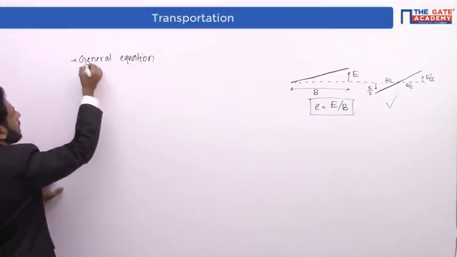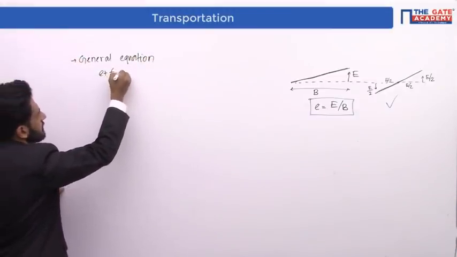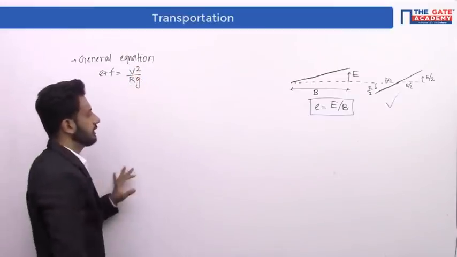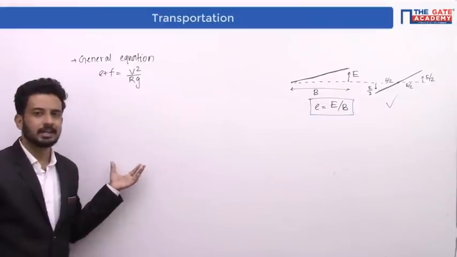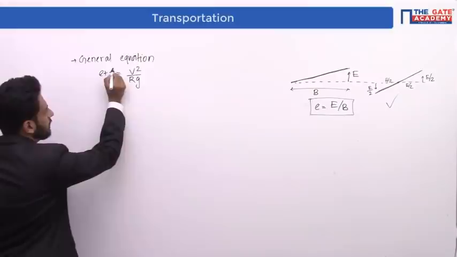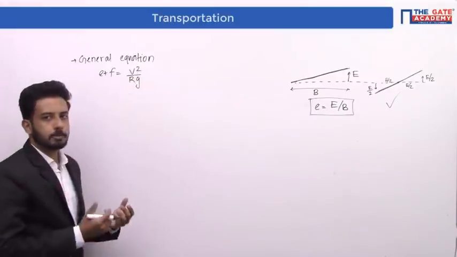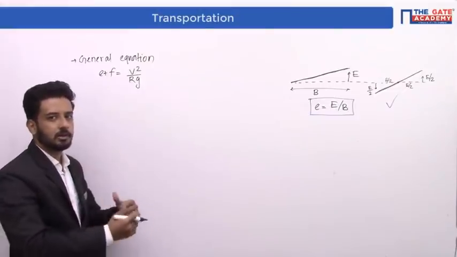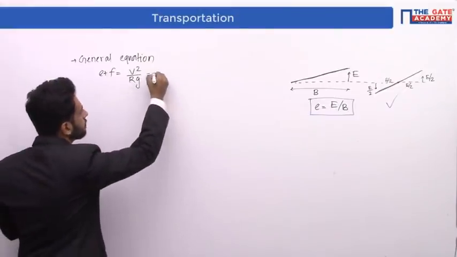What is that? E plus F is equal to V square by R G. This is the general equation for super elevation, where V is in meter per second. If I am substituting it in kilometer per hour, what will be the equation?